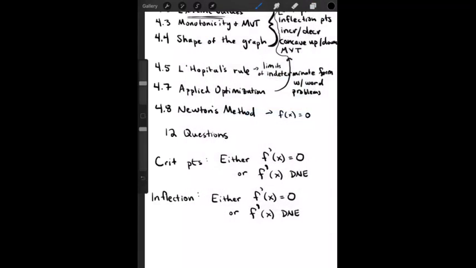Except, whoops, we're looking at the second derivative. So inflection points: you start off like you're finding a critical point, except you're dealing with the second derivative.